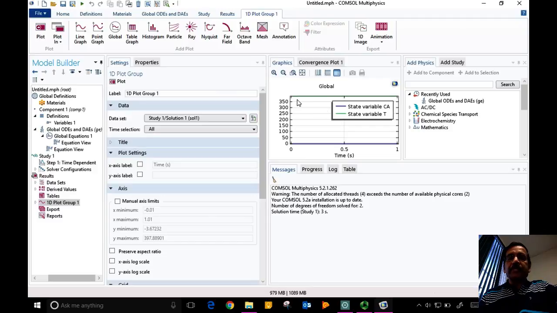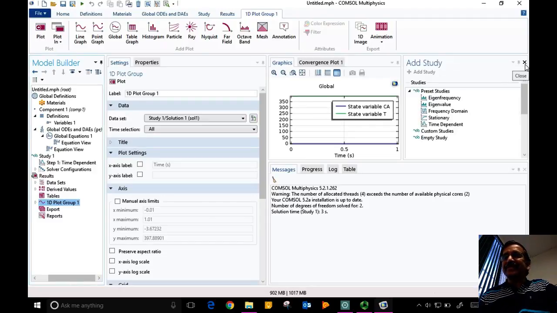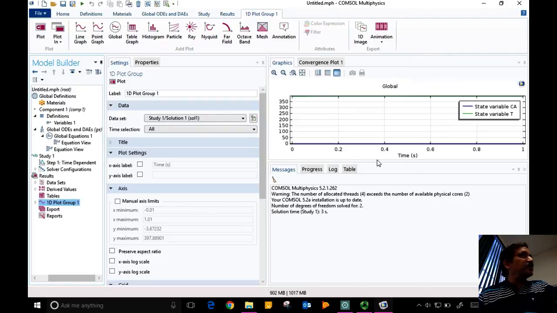So what do you see? You see both the graphs, unfortunately, plotted on the same axis. Right? So this solution is, the lower one is the concentration, the higher one is the temperature. But we gave the initial condition as the steady state solution itself. That's why it's just flat.